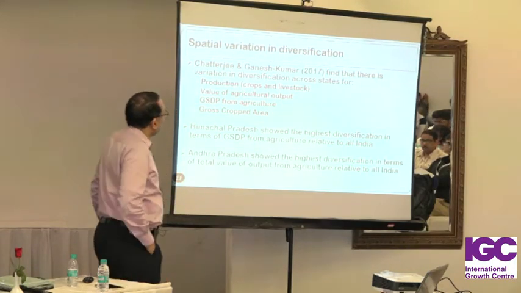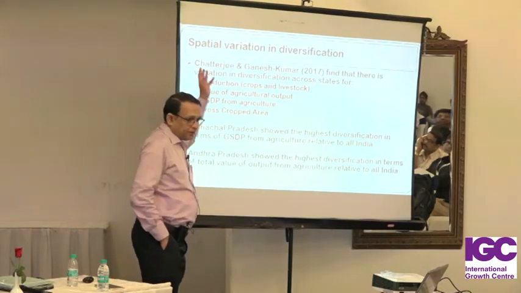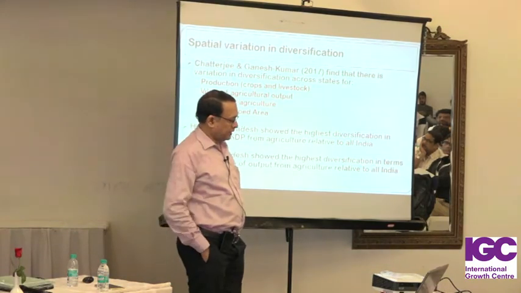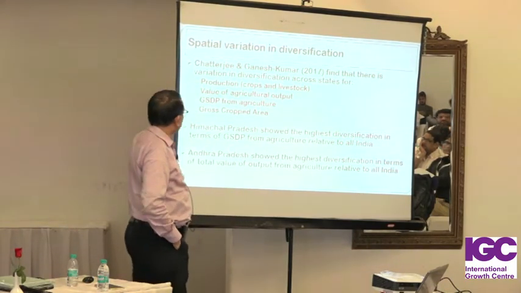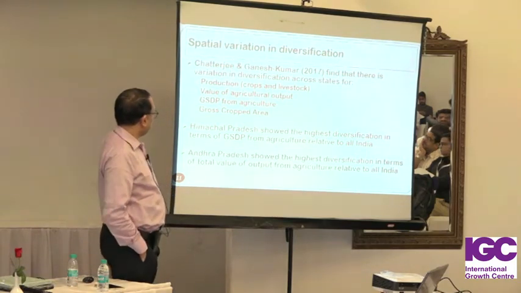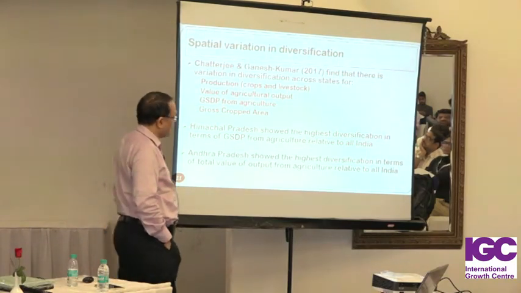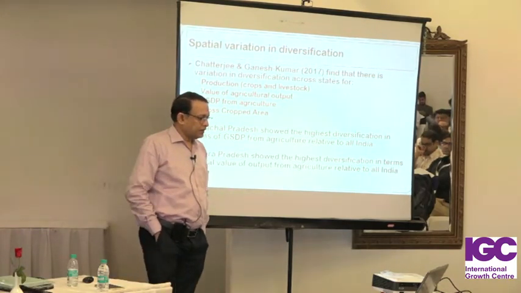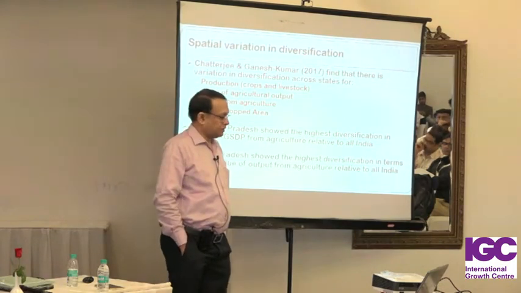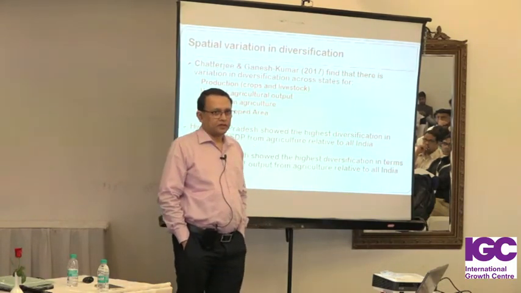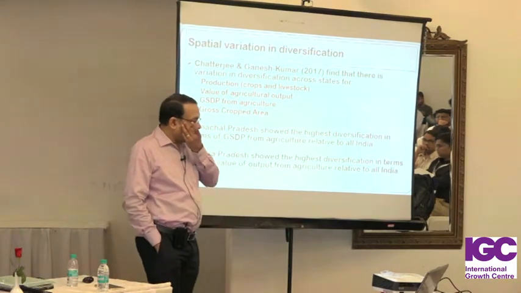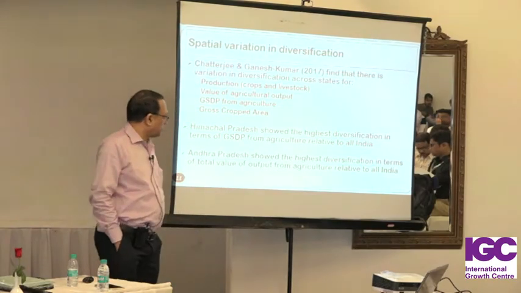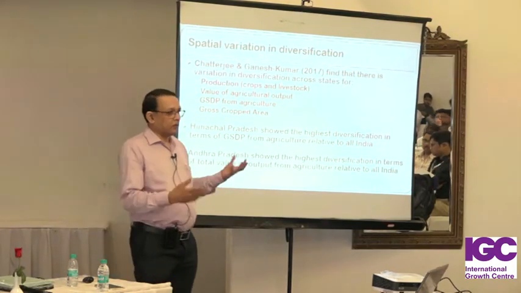What we found is there is variation in diversification across states in terms of production, value of agricultural output, GSDP, and also gross cropped area. We find that Himachal Pradesh shows the highest diversification in terms of GSDP from agriculture, and Andhra shows the highest diversification in terms of the total value of output from agriculture relative to all India.